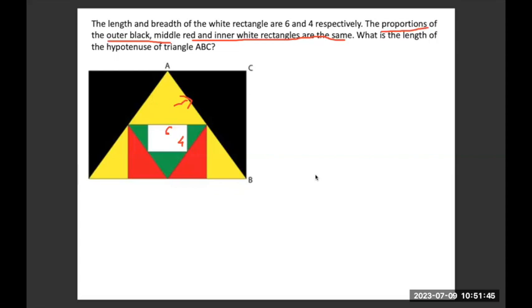Prithvi, wrong answer. Khushbu, wrong answer. Vishwa, correct answer. Tanvi, wrong answer.